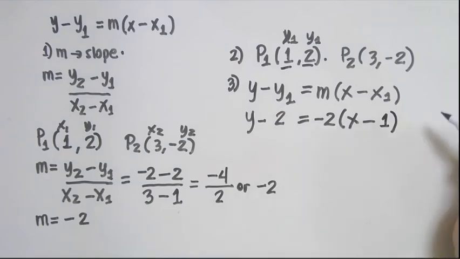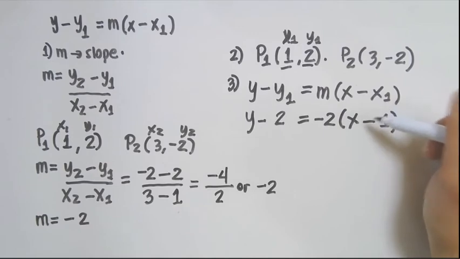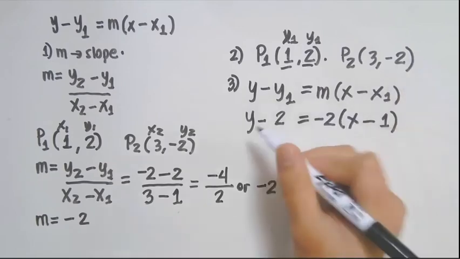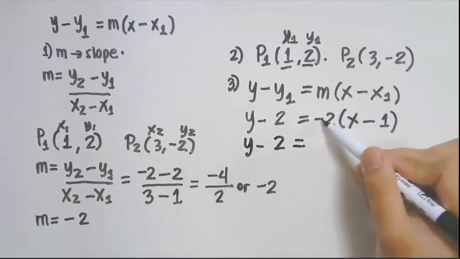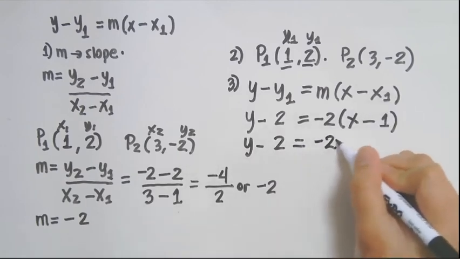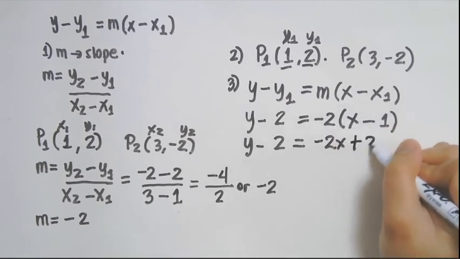And then we continue to simplify by applying the distributive property of multiplication. So we write y minus 2 is equal to -2 times x, which is -2x. -2 times -1 is positive 2.